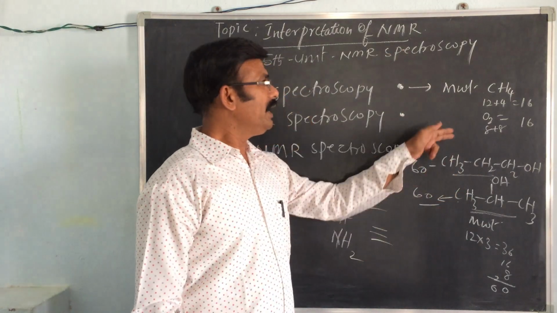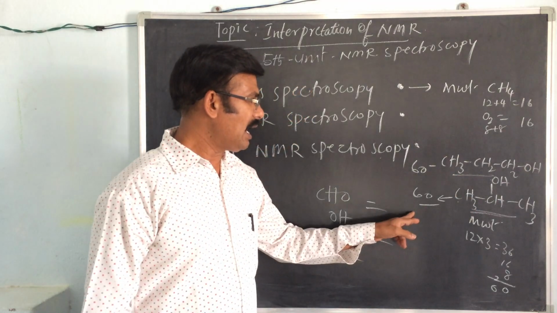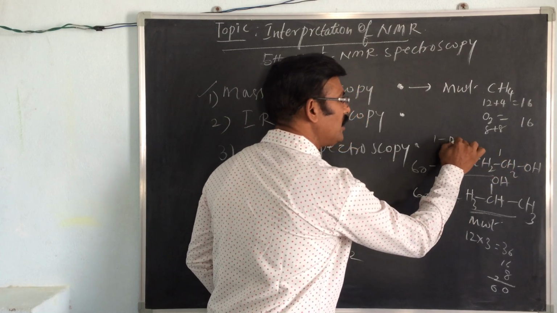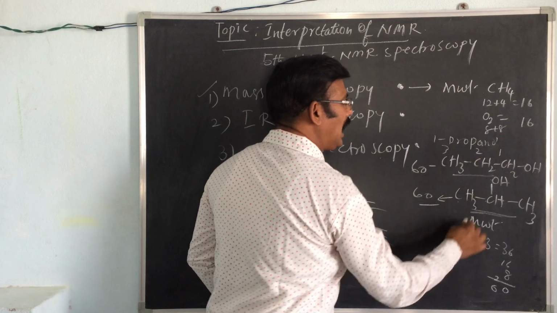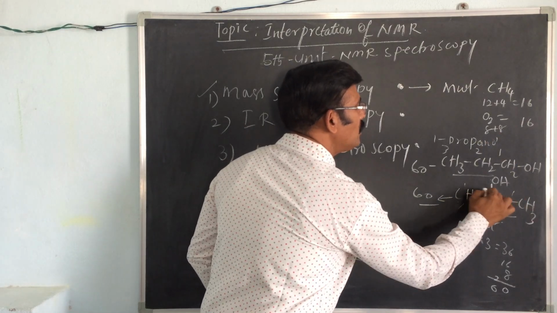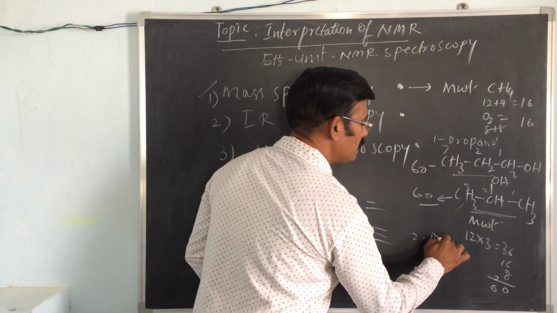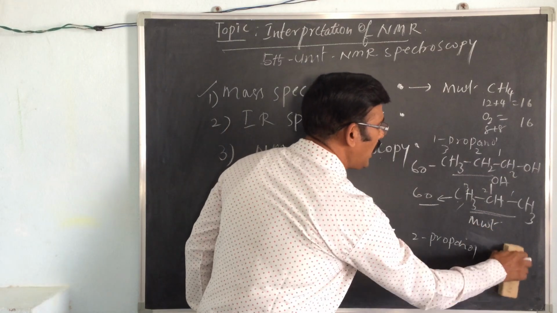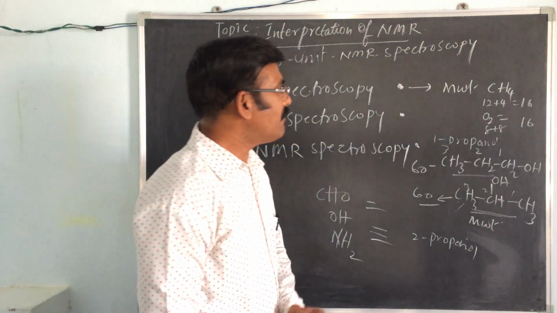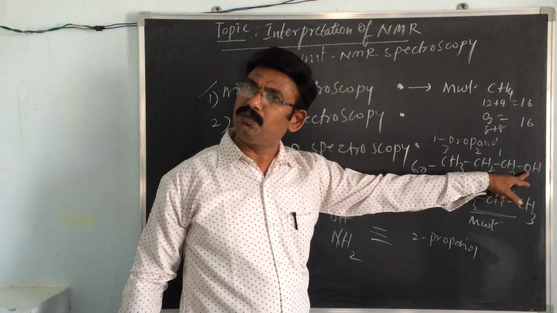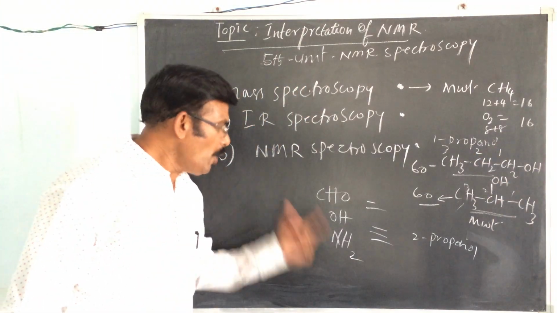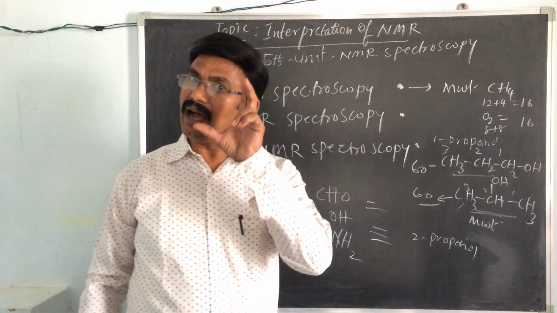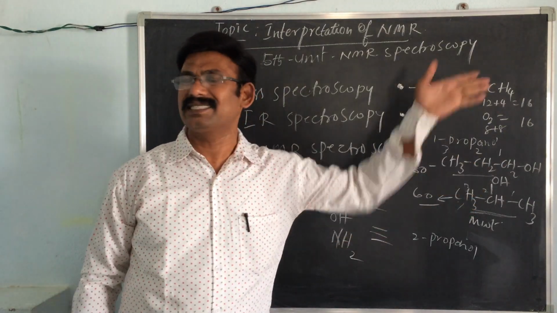For example, here is 1-propanol, and this is 2-propanol. 1-propanol contains the OH functional group and 2-propanol also contains an OH group, but IR gives the functional groups and not the correct structure.